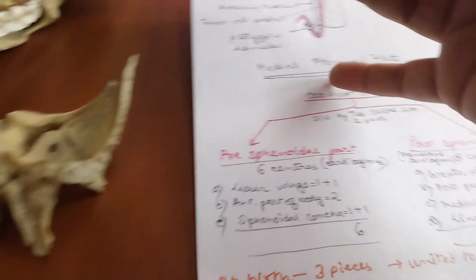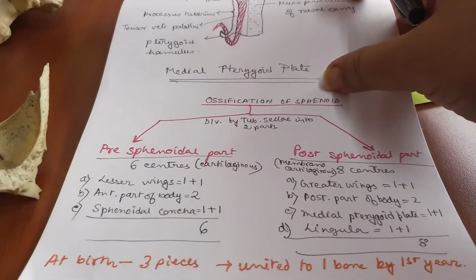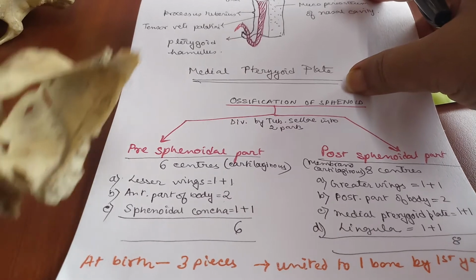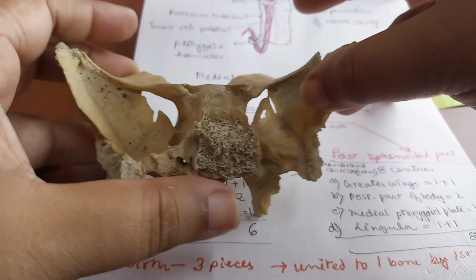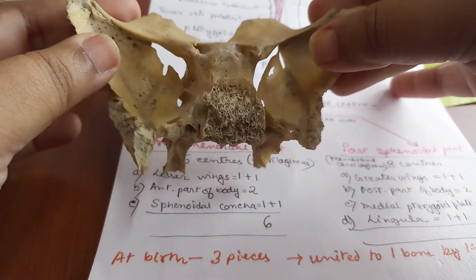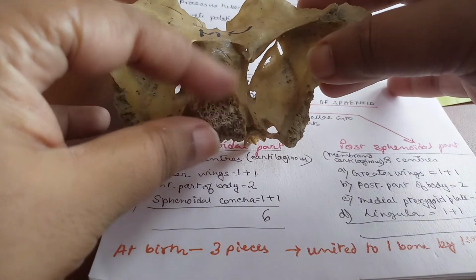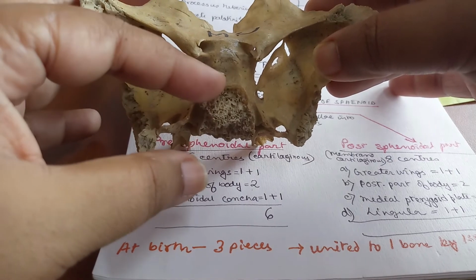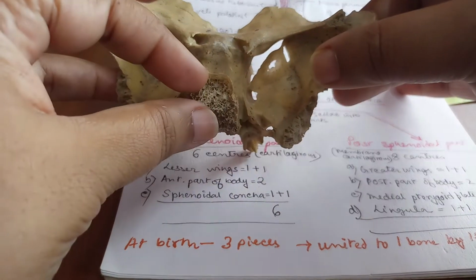And the post-sphenoidal part is membranocartilaginous. It has 8 centers of ossification. So there will be 1 each for the 2 greater wings. Then for the posterior part of the body, from the tuberculum sellae backwards, we have 2 centers.